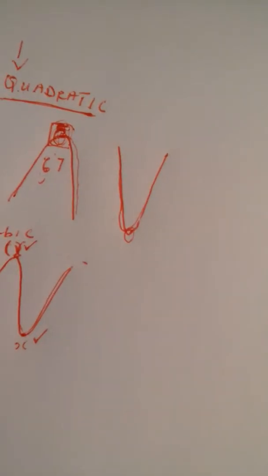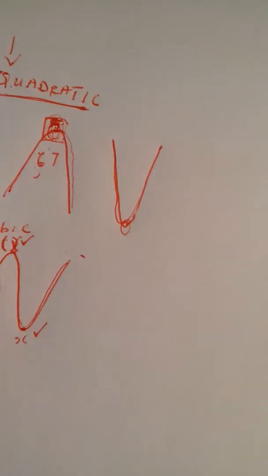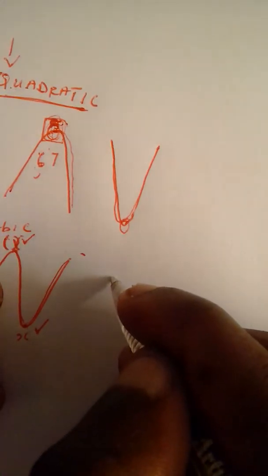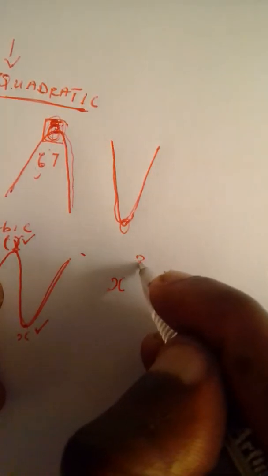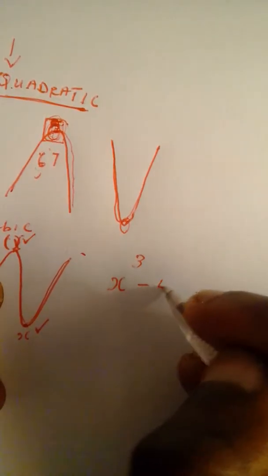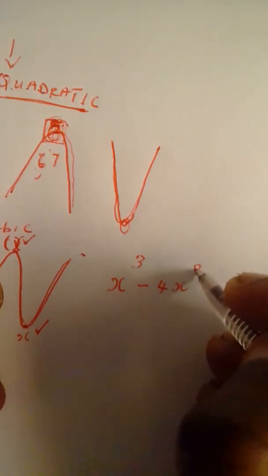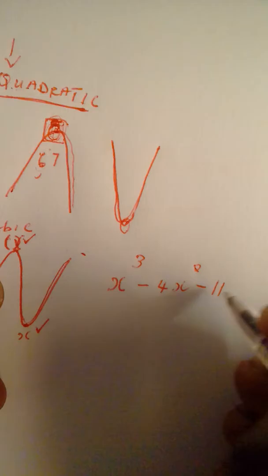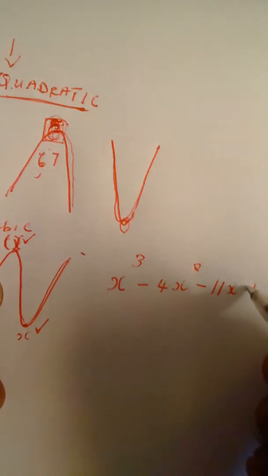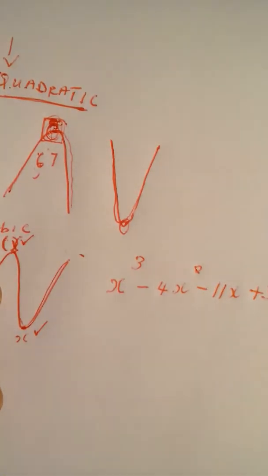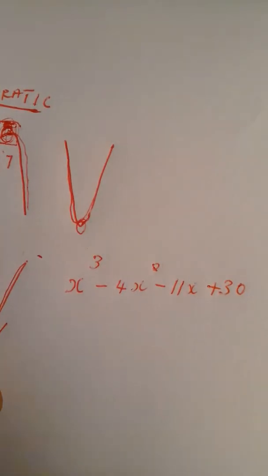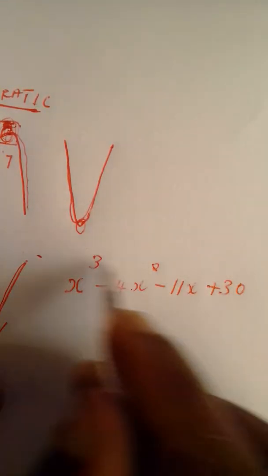So the original function was x cubed minus 4x squared minus 11x plus 30. Yes, this was the original function, guys.